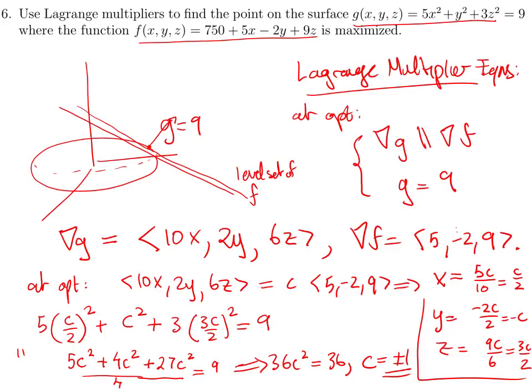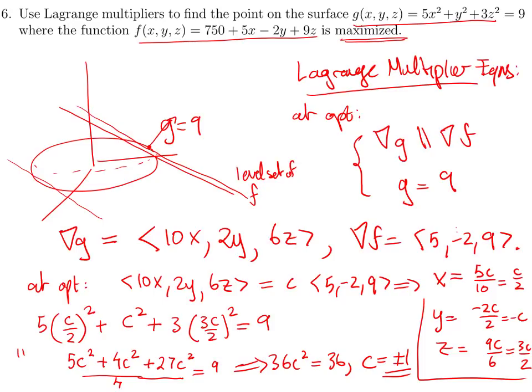Now it asked me to find the maximum, so I have to check which one of these is the maximum. Intuitively, I expect one of them is going to be the minimum and one the maximum. One comes from the minimum, which is directly on the opposite side of the ellipsoid, and one is going to be the maximum.